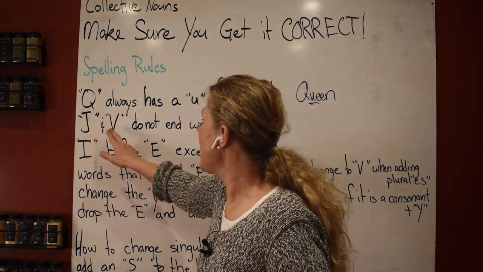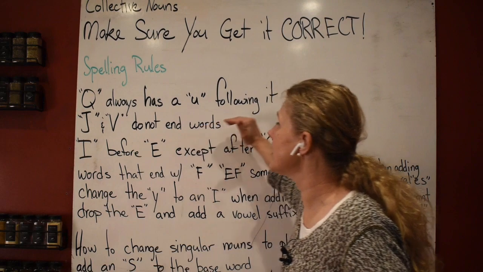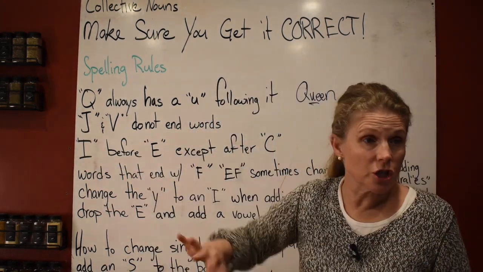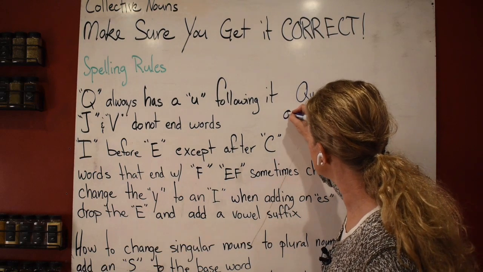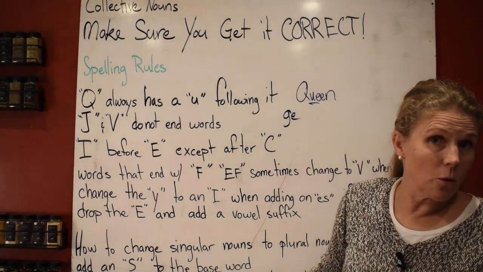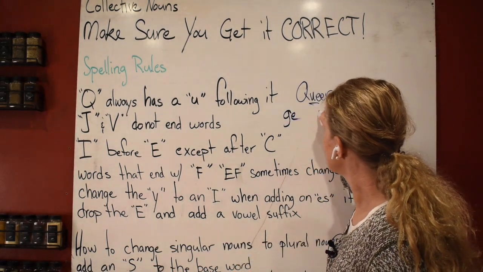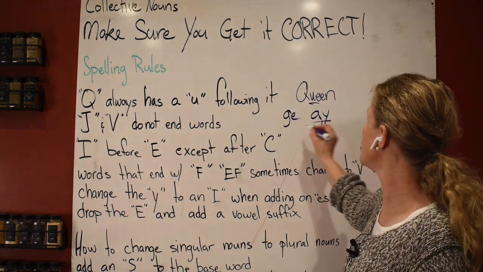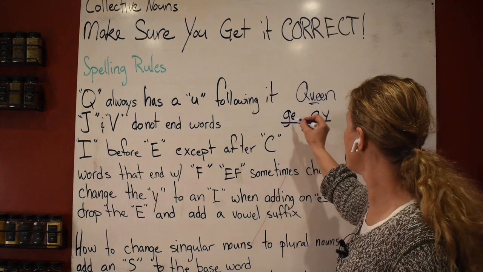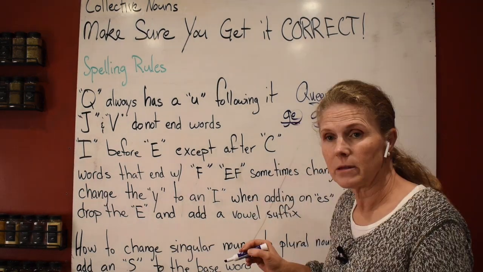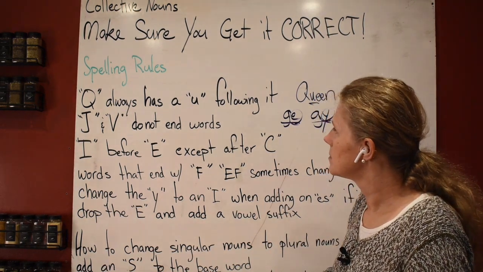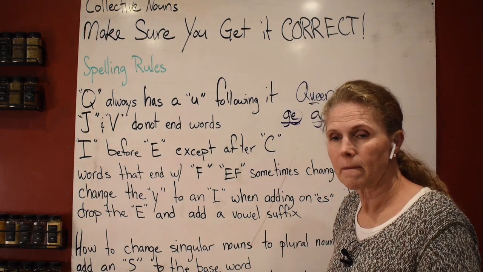The J and the V do not end words. So if you want to hear the J sound at the end of a word, you spell it with a G-E. If you want it to say J, you spell it with a G-Y. And you hear that J sound because you are following it with an E, I, or a Y. What if you wanted to end it with the sound of a V?